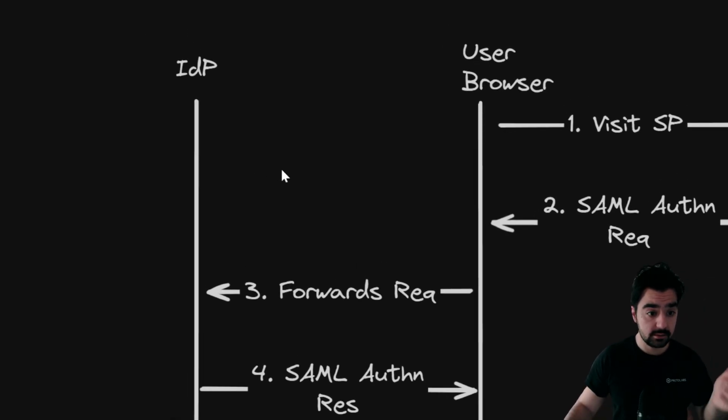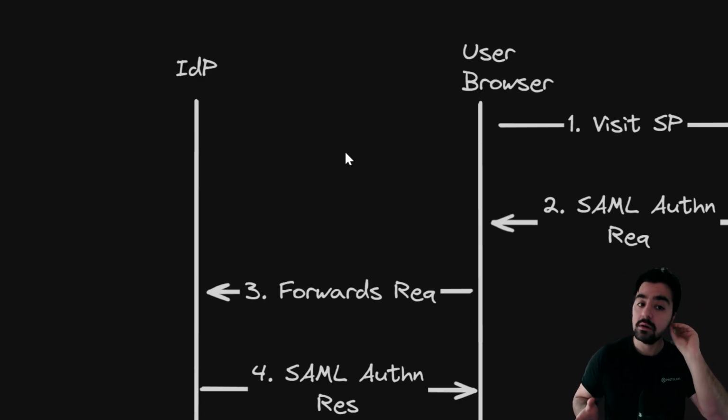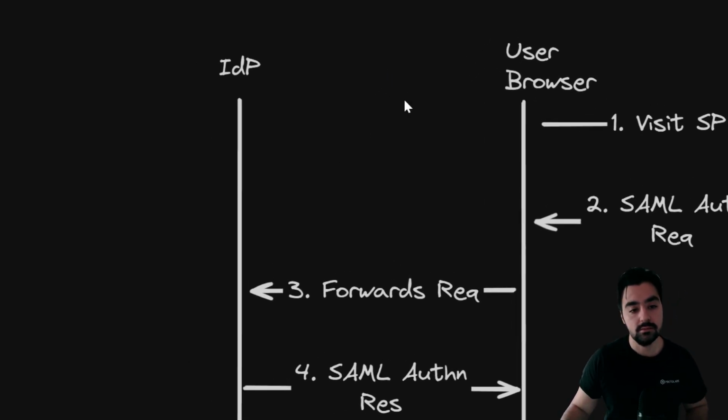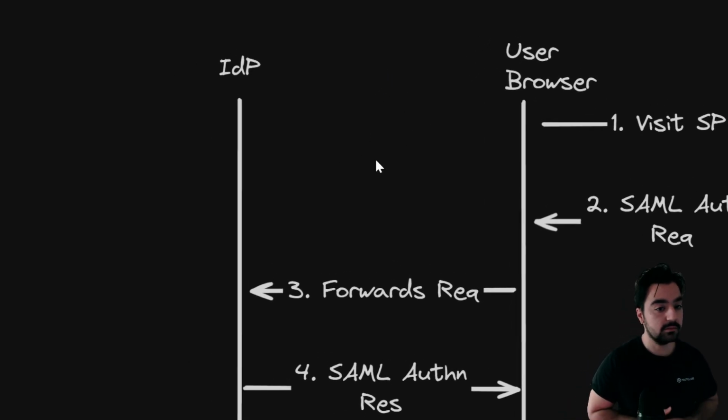The identity provider is basically the user base. It's responsible for keeping the users alongside with the credentials and taking care of the authentication. It also typically keeps the user profile information.